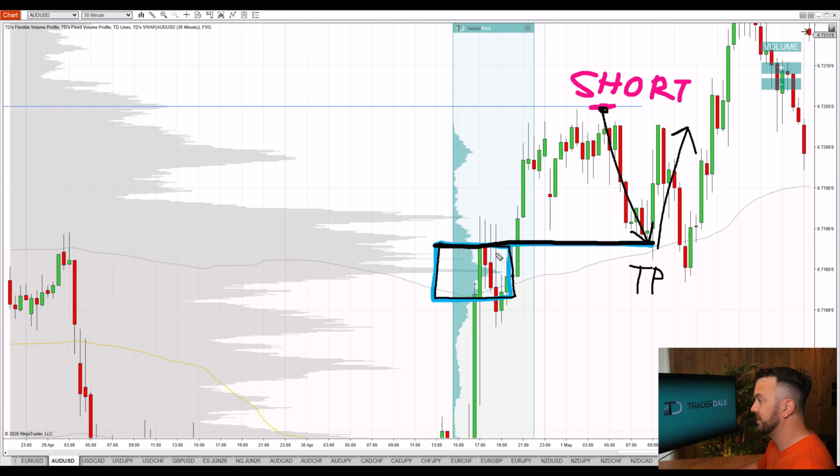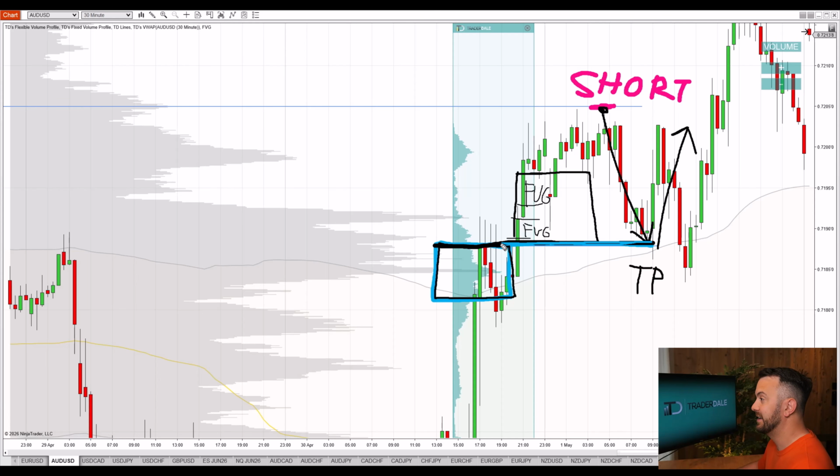It was not just the heavy volume zone here, it was also a fair value gap. See, there was a fair value gap in here, and another fair value gap in here. When fair value gaps are next to each other like this, I consider them one big fair value gap. In this case, it began here, exactly at this level.